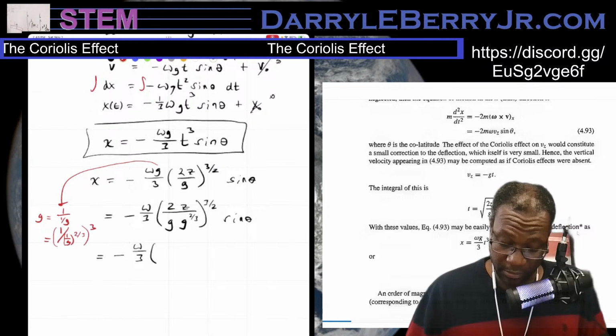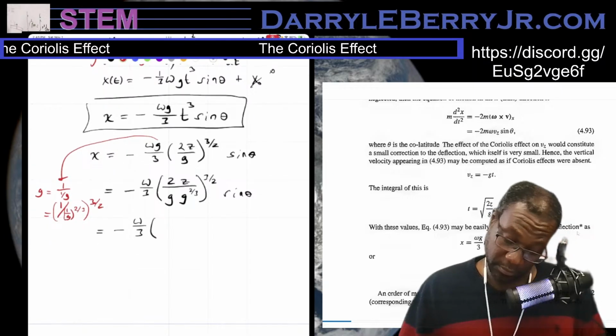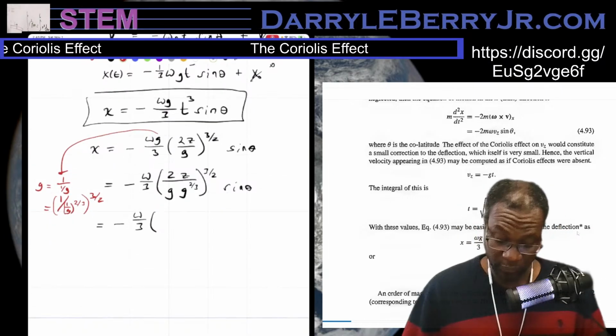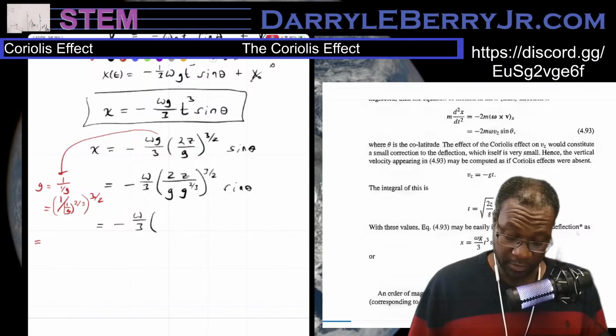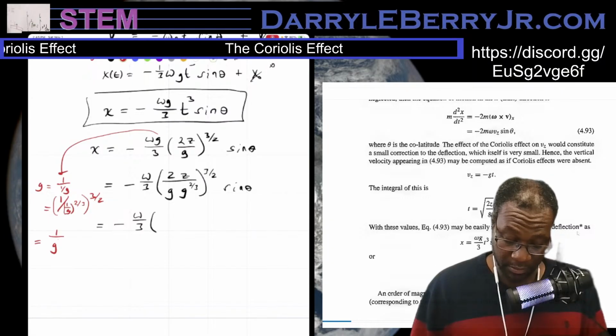This is 3 over 2, which equals 1 over g, 3 over 2.